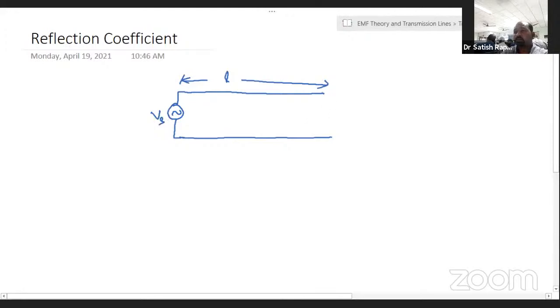So the source Vs is terminated by a load impedance, and this is IL, the load current, and load voltage VL.